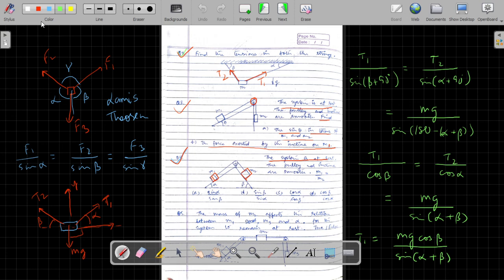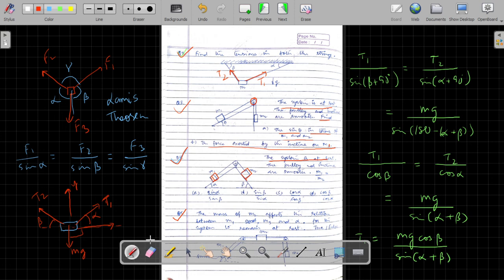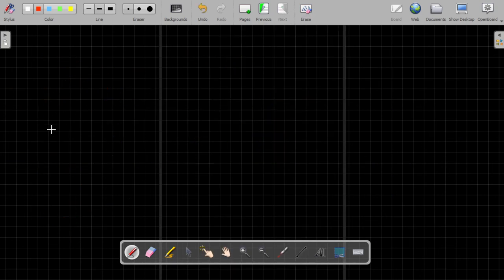The question is whether the mass of the block m2 affects the relation between m1 and m3 for the system to remain at rest. So there is a system which is drawn like this.